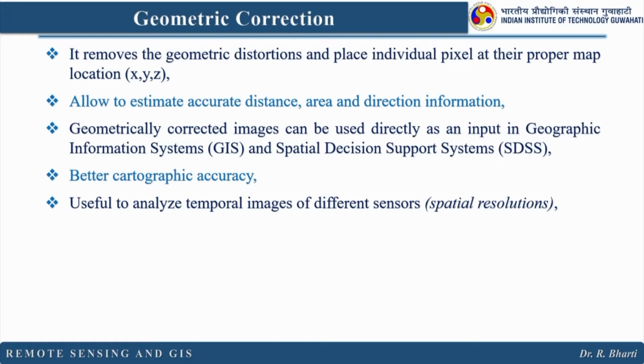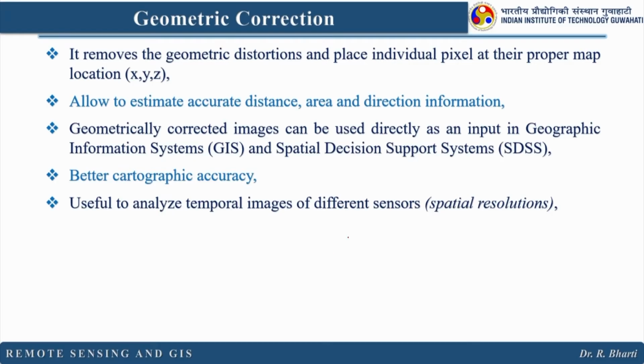Then useful to analyze temporal images of different sensor. So, if you have x, y and z sensor and they are measuring the images in different wavelength region depending upon their specification of the same area, then you can have multiple information from across the wavelength, and that you can compare once they are geometrically corrected.